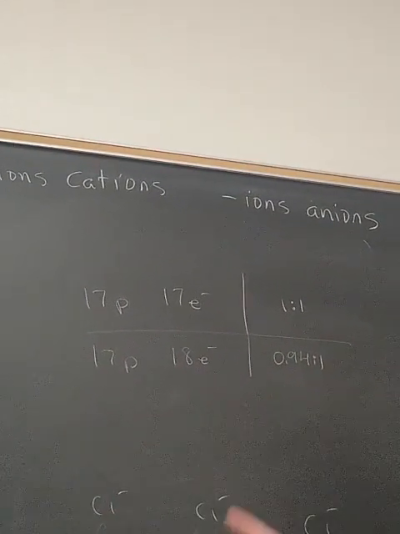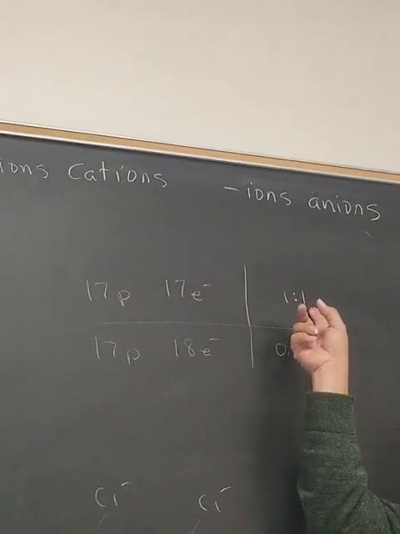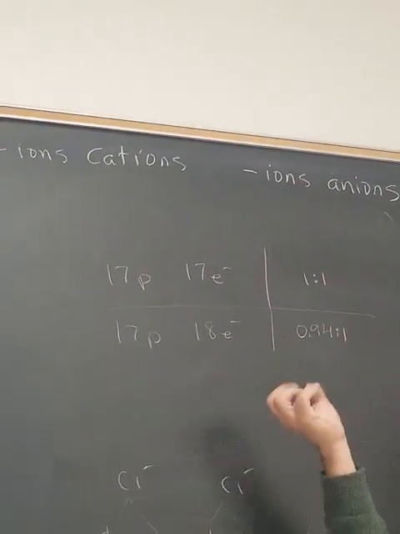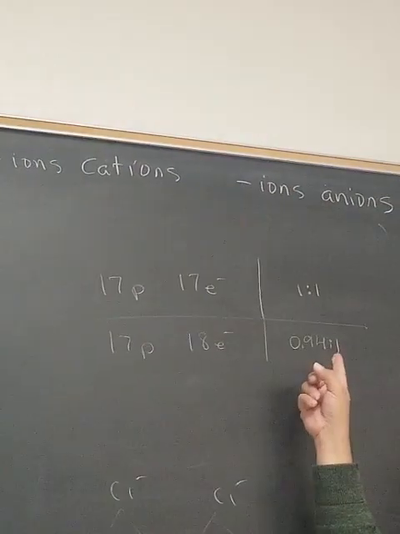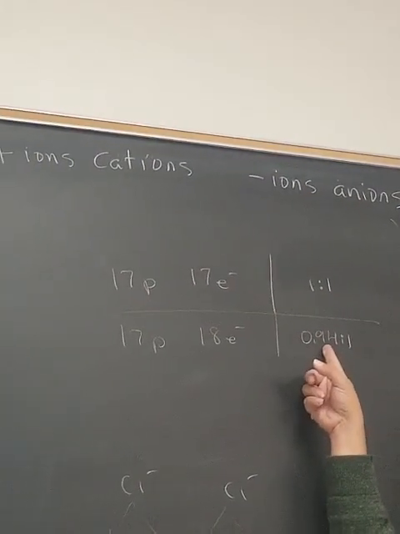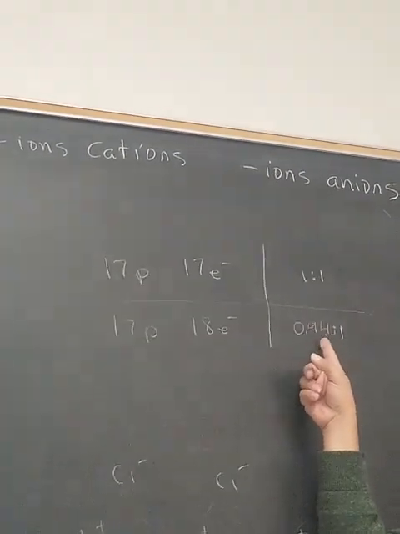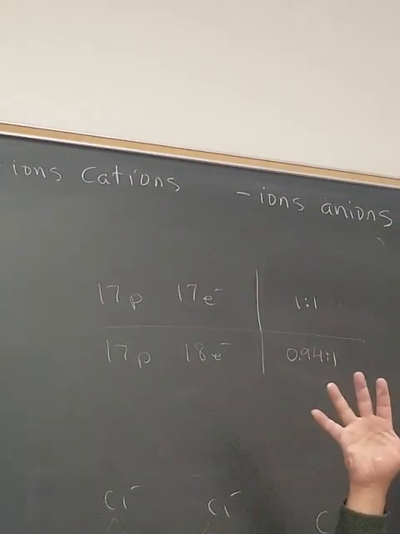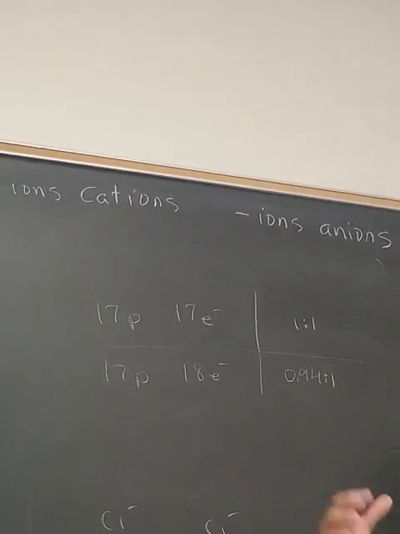Basically, what that means is every electron here is feeling 100% of the attraction from a proton. Every electron here is only feeling about 94% of that attraction. So it's 6% more loose. Bigger. So it can go a little bit further away.